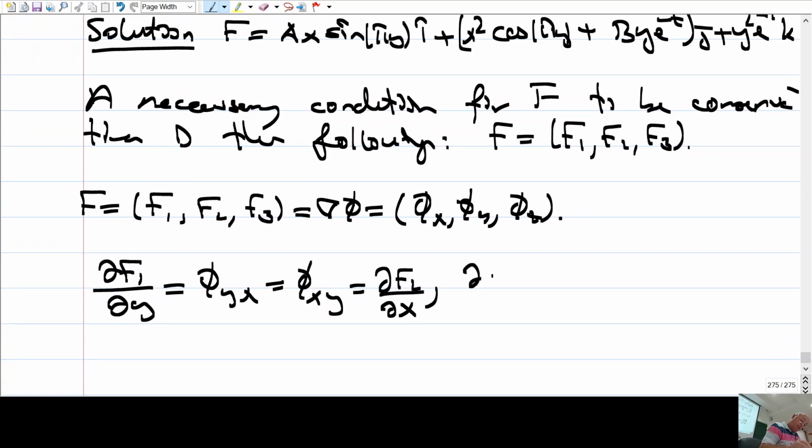Similarly, the z derivative of this is just zx, and this is xz, and this is just F3 x.